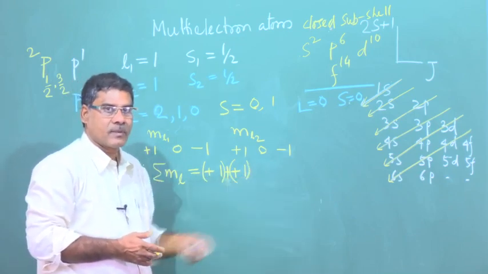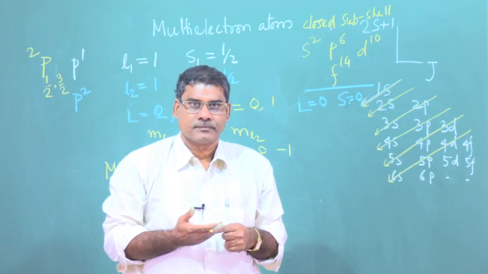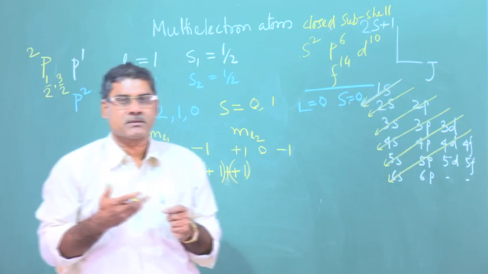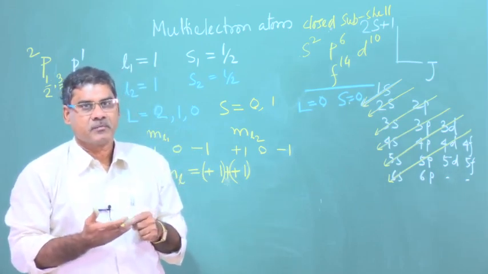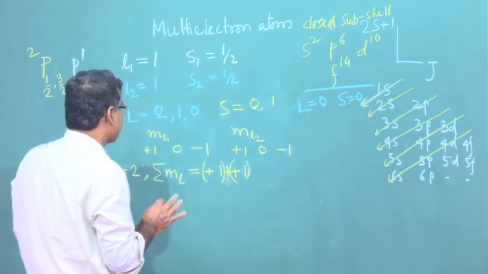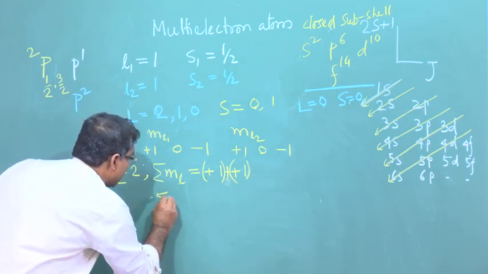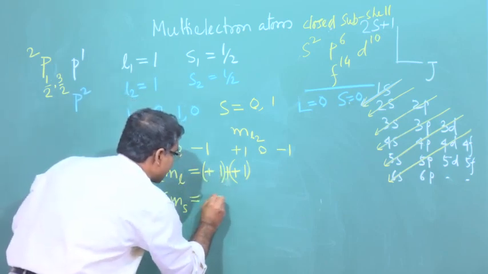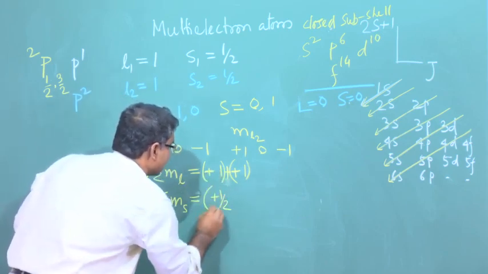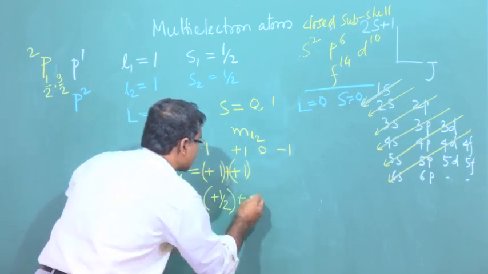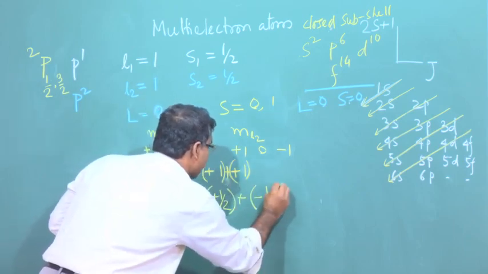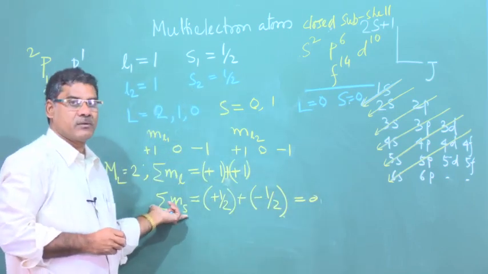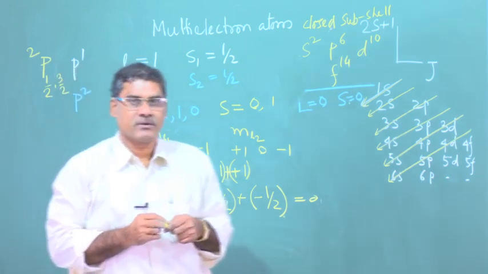So now Ms has to be different. If Ms1 is plus half, Ms2 has to be minus half. So I have no choice for Ms. The sum over Ms is plus half plus minus half, so it has to be 0. Ms is 0, which means S will be 0.